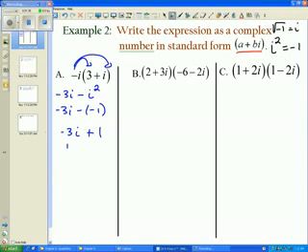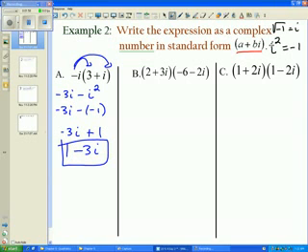Putting this in standard form, it's 1 minus 3i. Very straightforward.